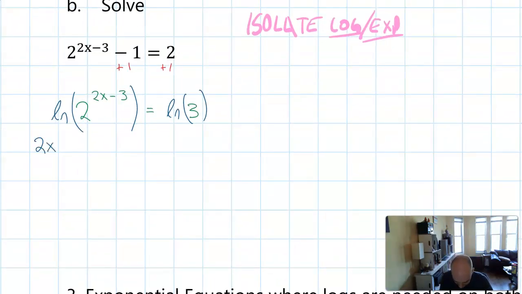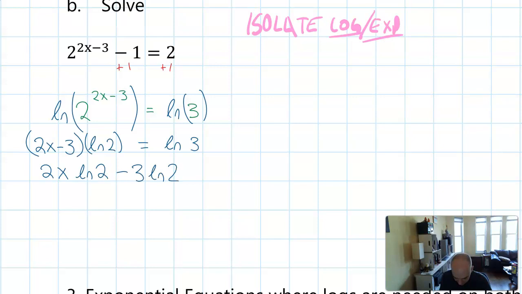So we have 2x minus 3 is the entire exponent times natural log 2 equals natural log 3. Now, we want to isolate x, but we have to use real legitimate math. Natural log 2 is a number, which means we have to distribute that to all the terms. So this is really 2x natural log 2 minus 3 natural log 2 equals natural log 3.